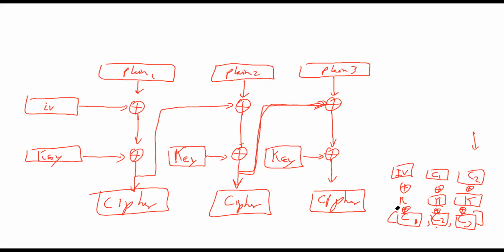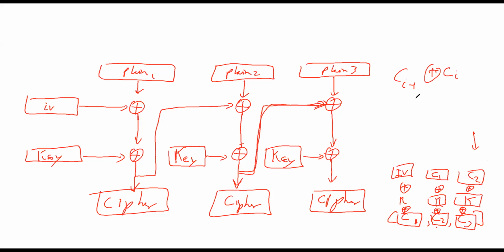So I have everything I need. So if this is C3, this is C2. It's always cipher i XORed with cipher i minus 1, right? It's always like that. And that's what we need to do in the code.